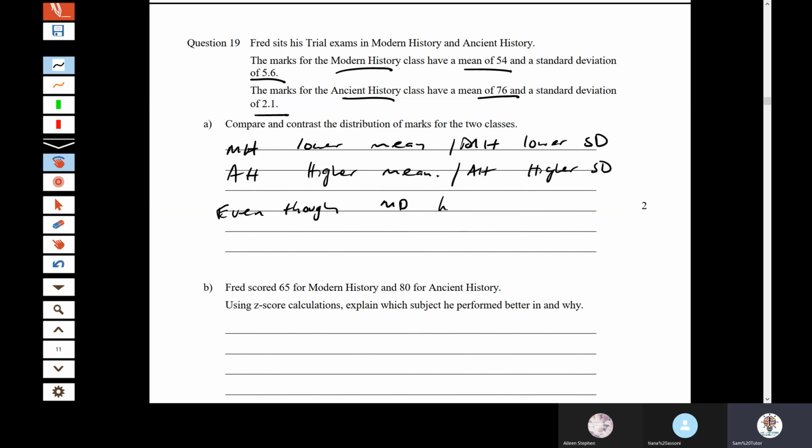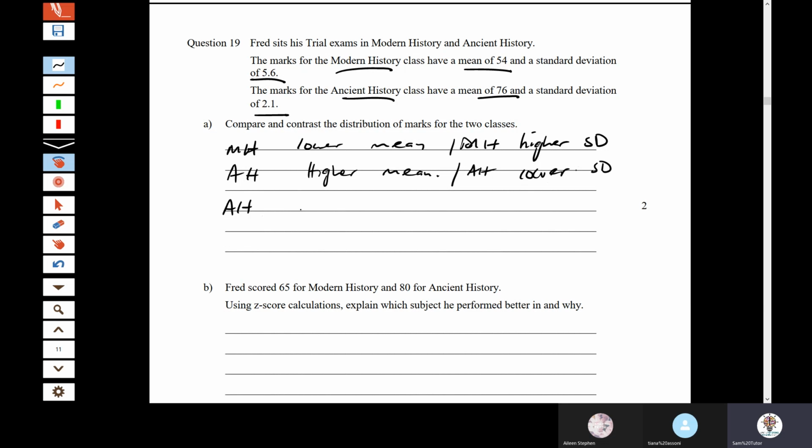Even though modern history had a lower mean, finish the sentence for me. Higher standard deviation. Oh, wait. No, it had a lower standard deviation. Lower. No, it had a higher one, didn't it? Oh, that changes my conclusion. Sorry. Higher. Okay, no, it's not even though. Yep, go back. Sorry, let's start again.